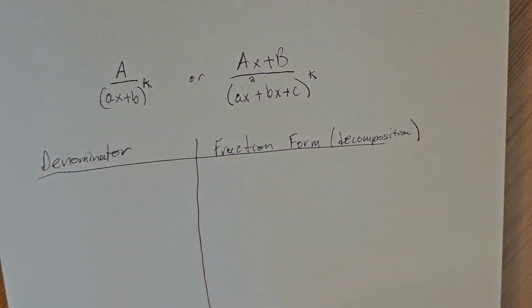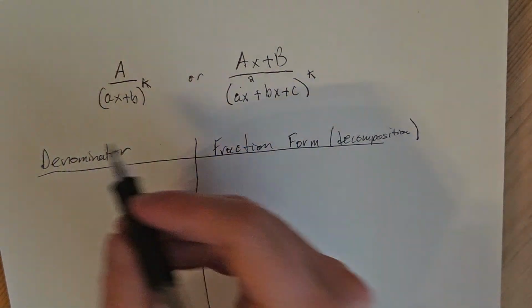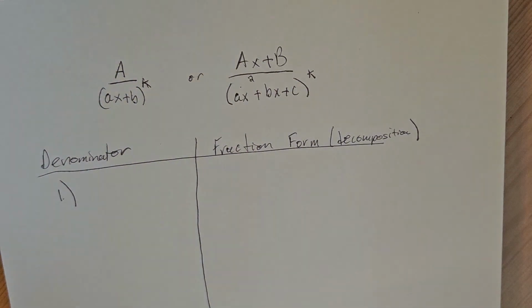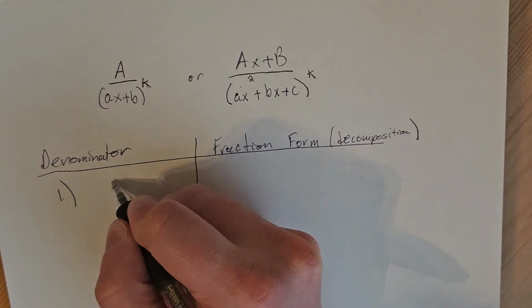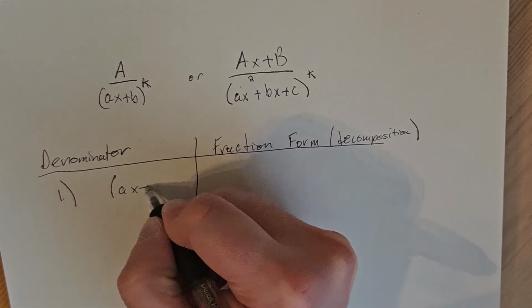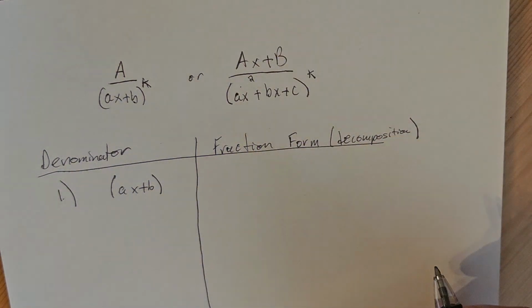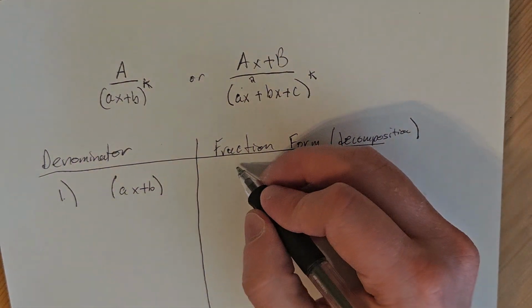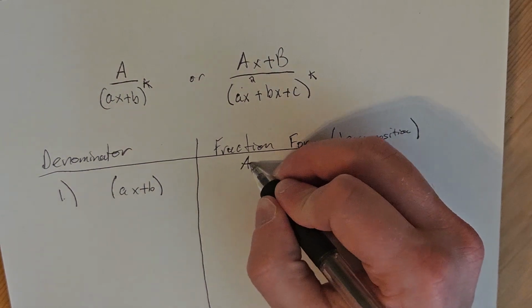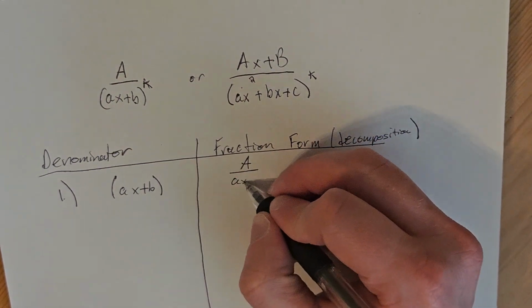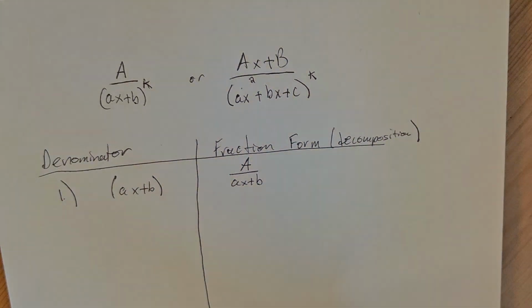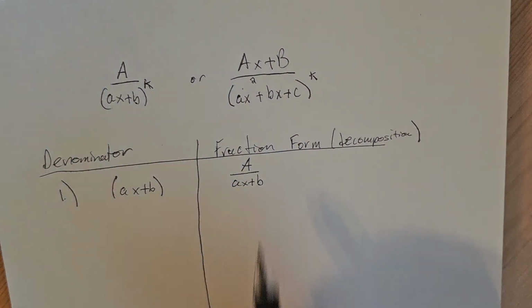One thing we could have in the denominator is ax plus b, so some linear term. Then the fraction that we get over on the right side when we try to decompose will look like a constant over ax plus b, all to the first power in the denominator. So k is 1 here.